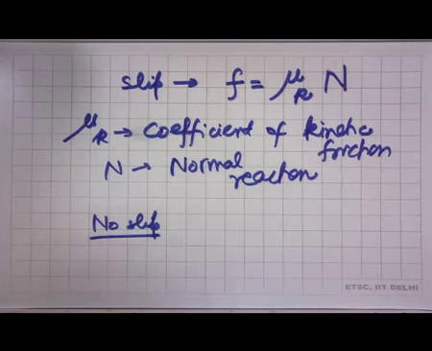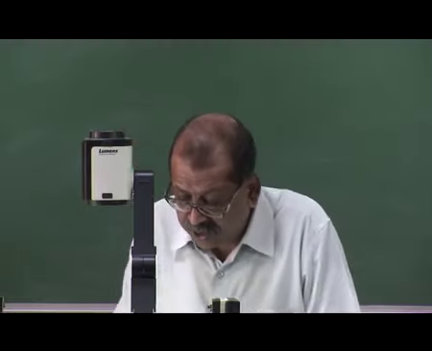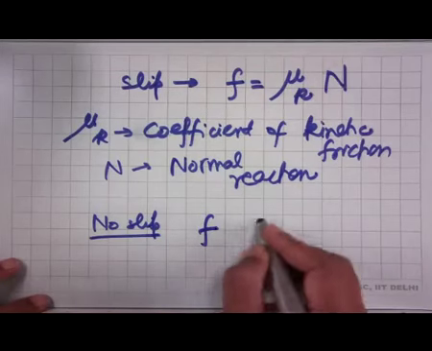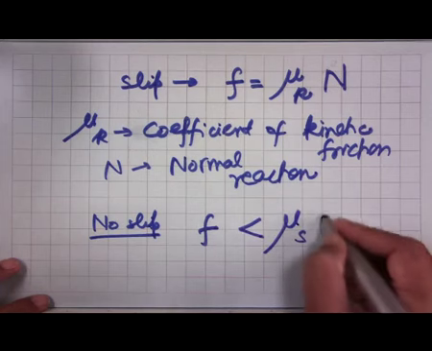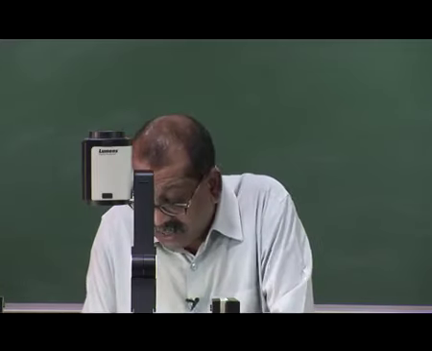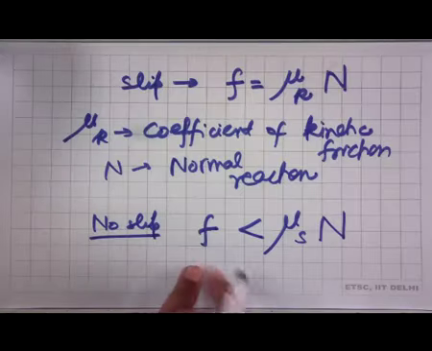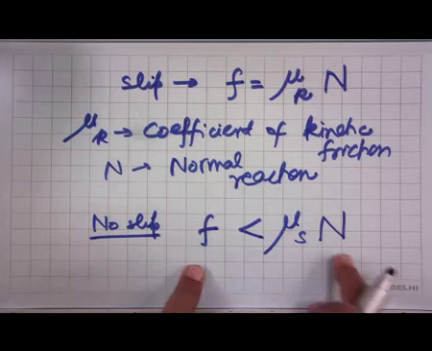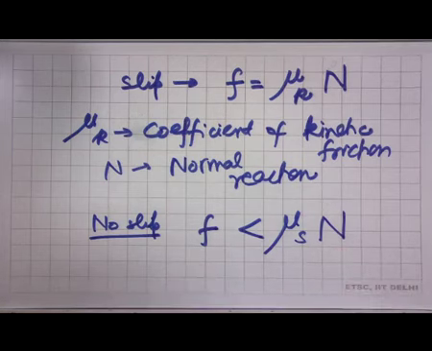Now, when we have no slip, then F is less than mu s n, because friction is a self adjusting force. For the case of no slip, we do not have a direct relation or proportionality between friction force and the normal reaction.